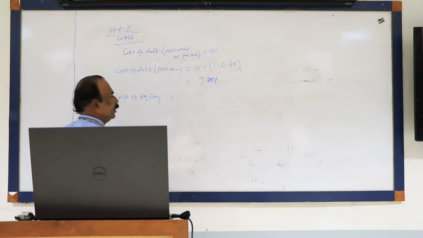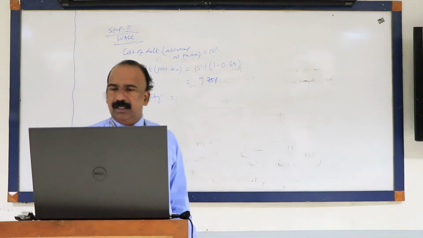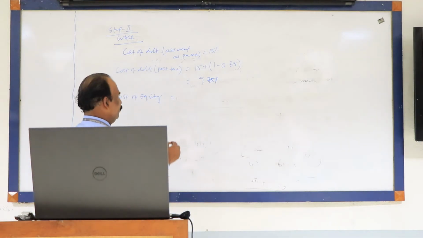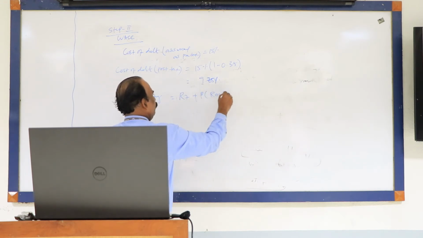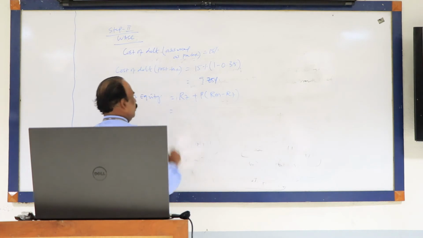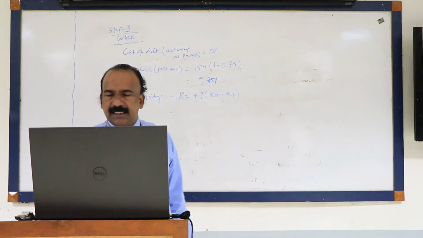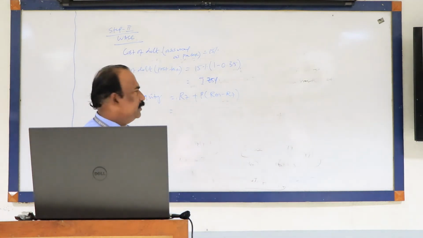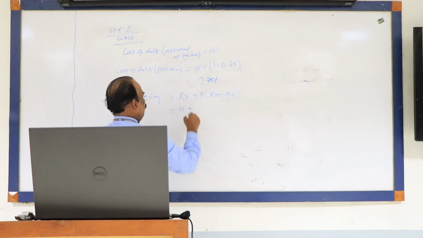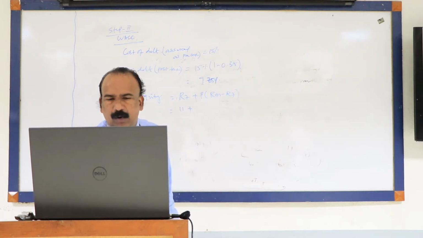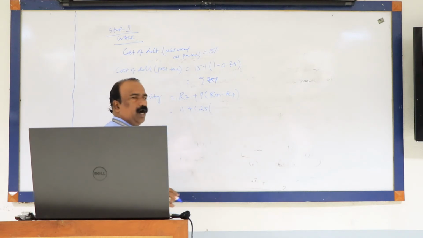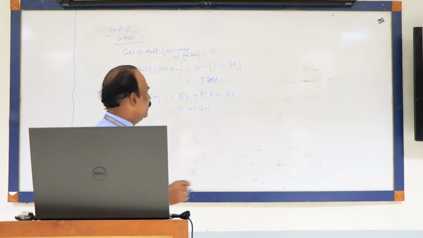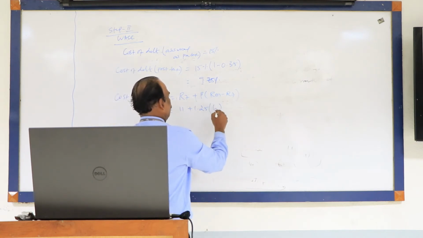Then cost of equity. We need to calculate it as per the CAPM model, SML: RF plus beta into (RM minus RF), that is the risk premium. RF, the risk-free rate, is 11%. Equity beta is 1.25. RM minus RF is given as 6%.